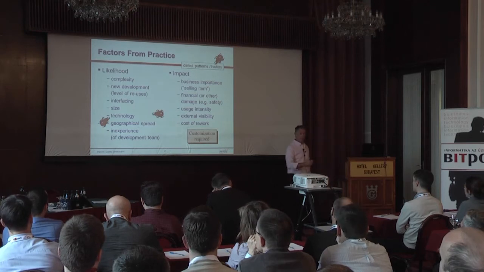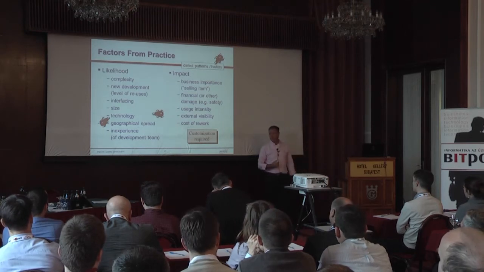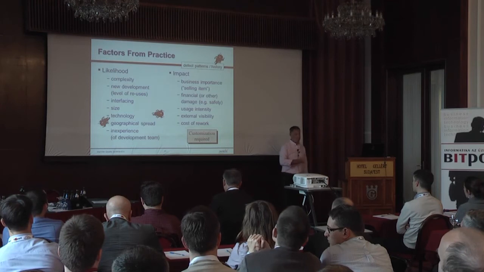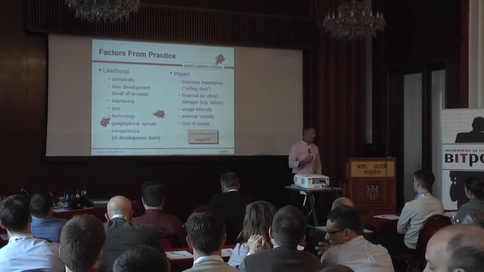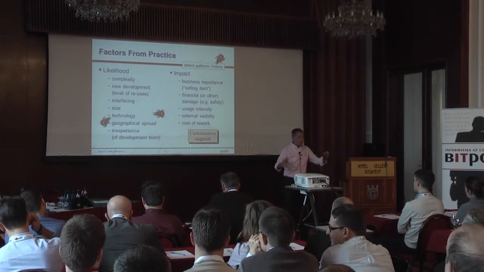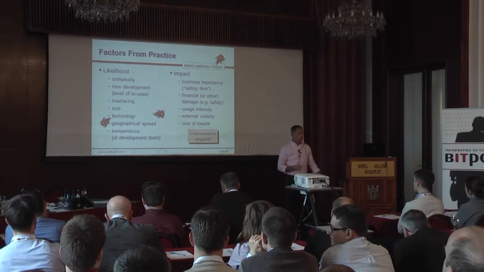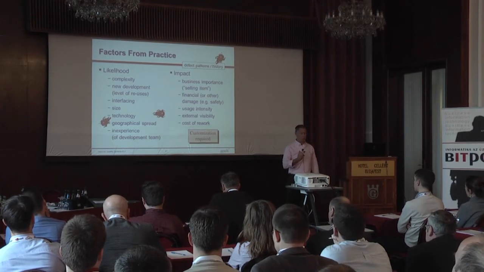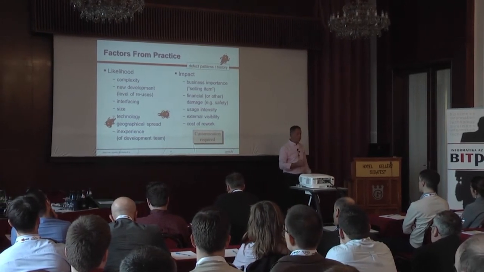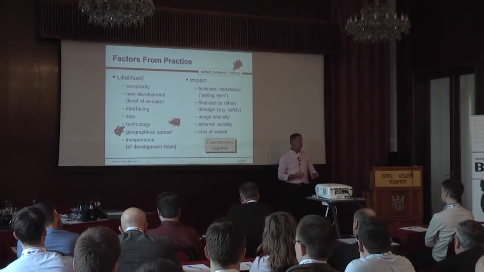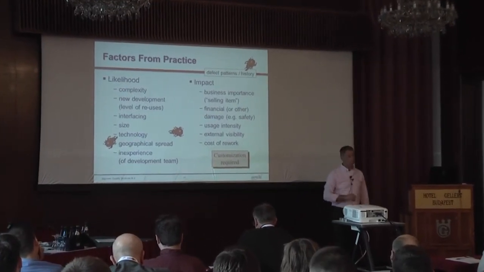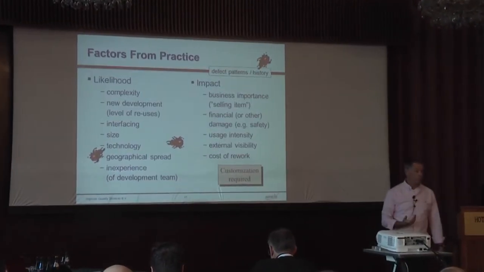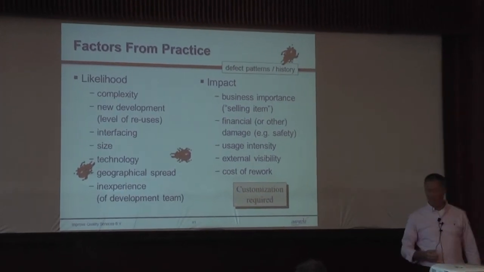If it's more complex, more chance of defects. If it's newly developed, likelihood of defects. If there's more interfacing, that means communication between people, usually. That's always not our strongest point. Size. It's my lesson learned, right? Sometimes it gets so big, people lose overview. New technology, always fun for testers, right? More defects.